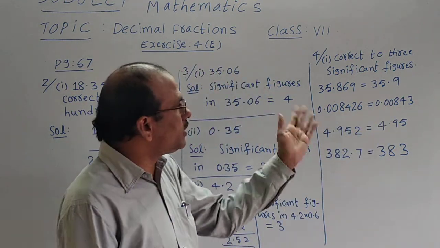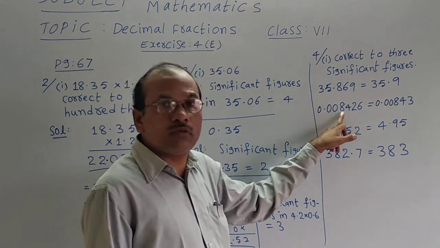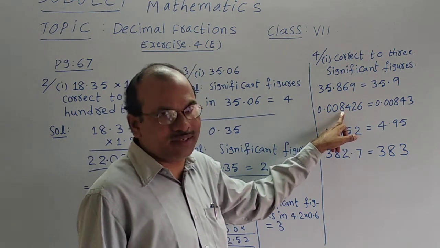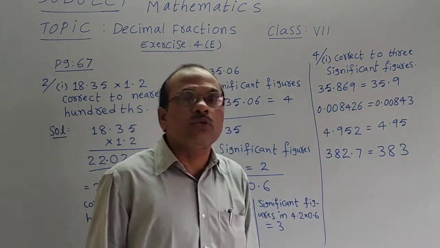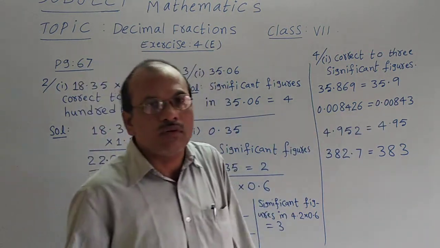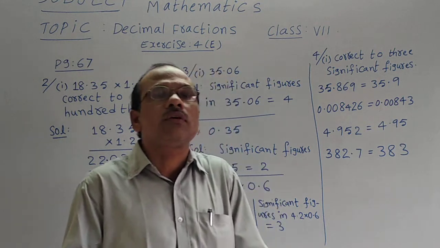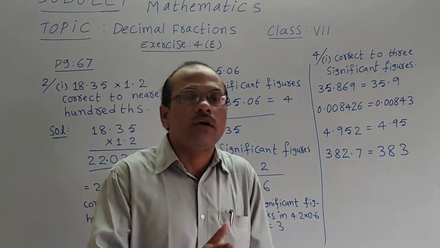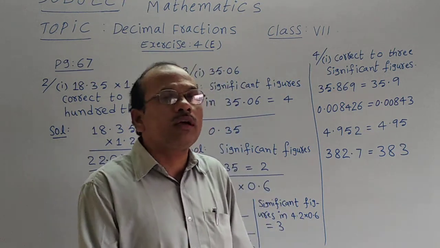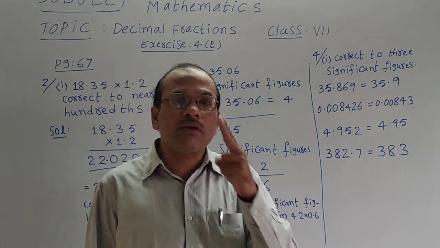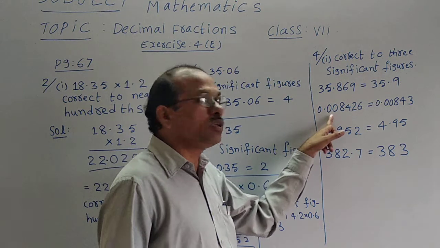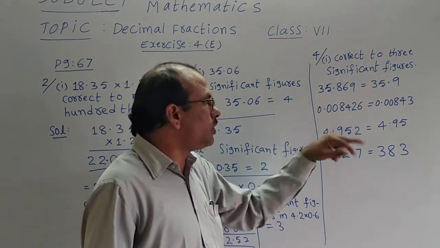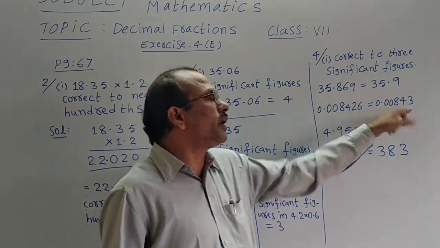So we can take the digits only when we correct that. Whenever zeros appear like this, we are unable to correct to the nearest 3 digits or 2 significant figures when the zeros are written like this. Then we will see the numbers and we will write them.